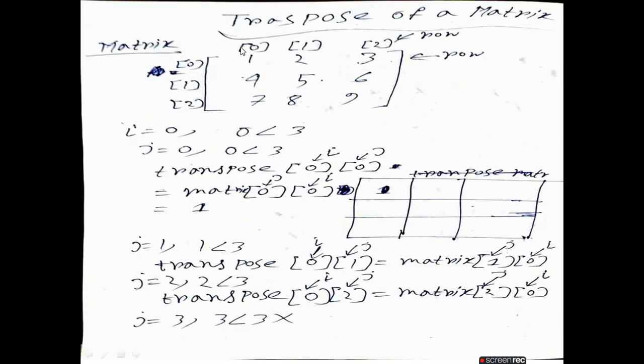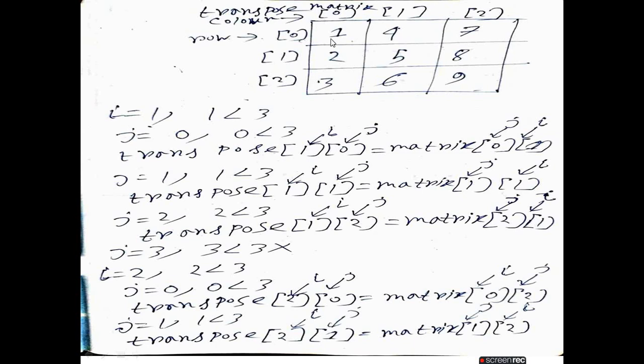Or simply you can also remember it like this: a column goes to the row. For an example, 1, 4, 7 is column 0. This column 0 is converted to row 0. These are now row 0 elements. This is basically interchanging.